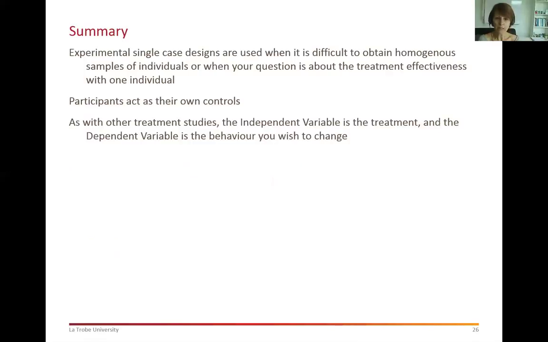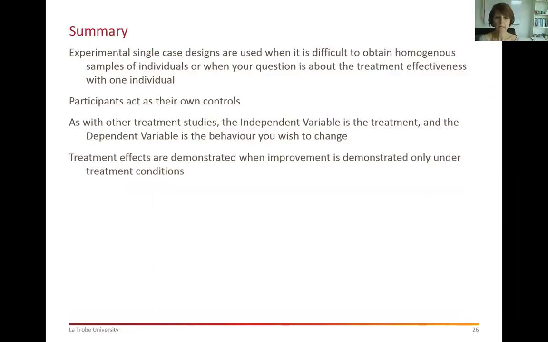As with other treatment studies, the independent variable is the treatment or the intervention, and the dependent variable is the behaviour that you wish to change. And in a study where there may be more than one measure taken, the dependent variable of interest, or that's being tested, is the one or ones that are plotted on your graph. Treatment effects are demonstrated when improvement occurs only under your treatment conditions.